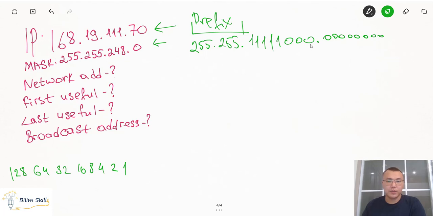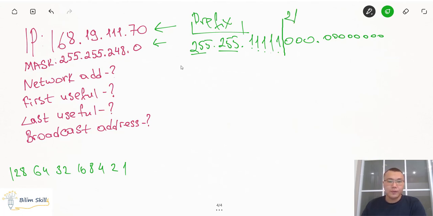So to find the prefix, we change it into binary form and find where the ones end. Let's calculate: 8 plus 8 is 16, 17, 18, 19, 20, 21. So our prefix is 21.